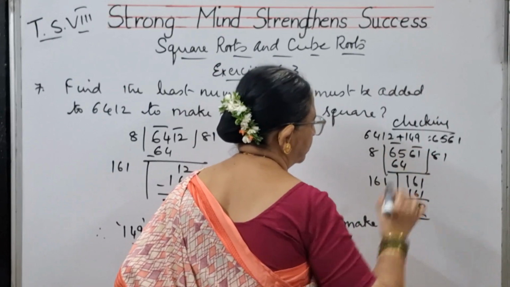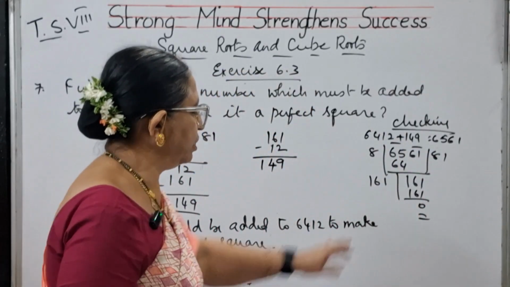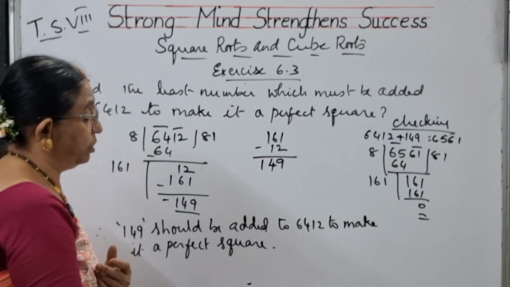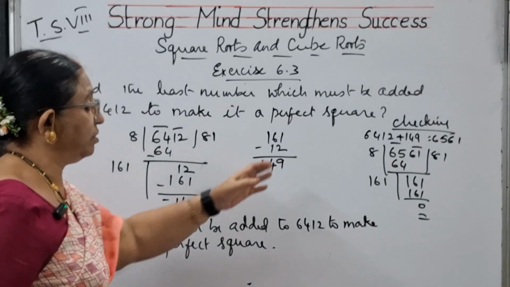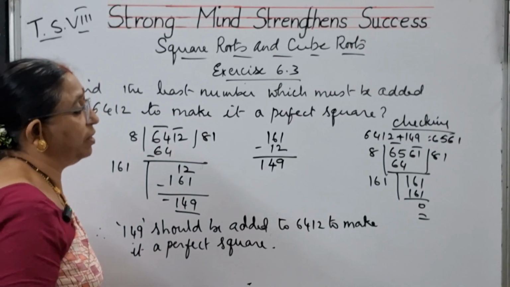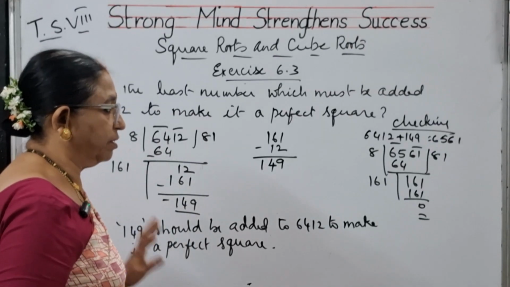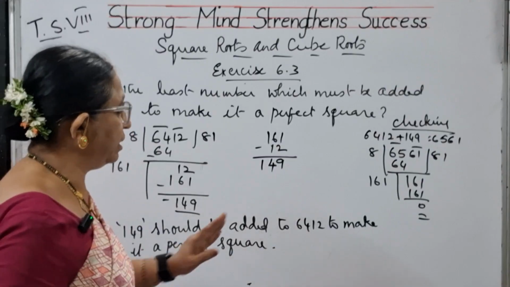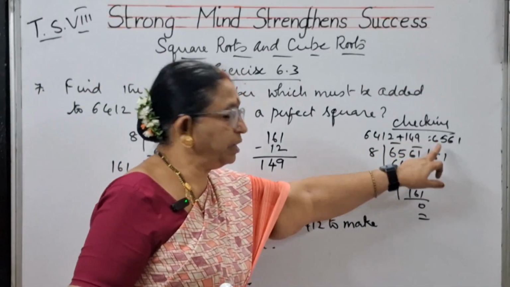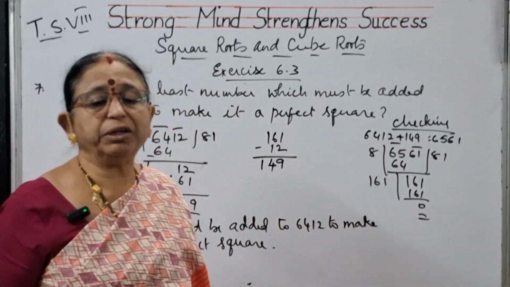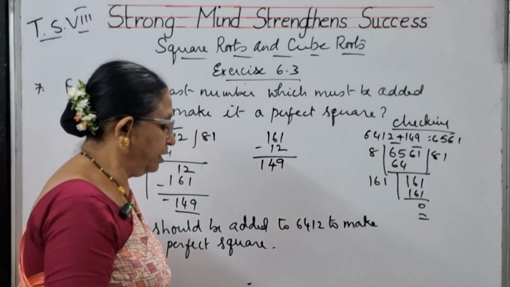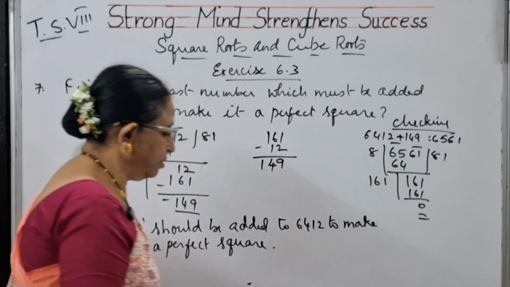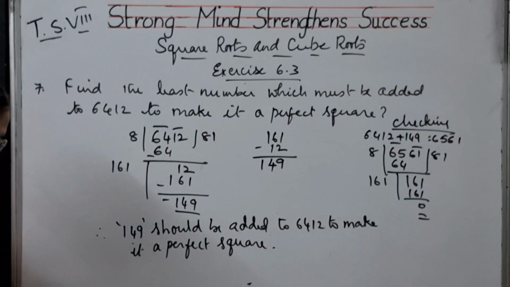You are getting 0. So you see, in checking you got that number is root 81. 81 square is nothing but 6561. That means 6561 is a perfect square. How did you get it? Only when you add 149 to it. So the least number that should be added is 149. So please note it down, children. This is the 7th sum.